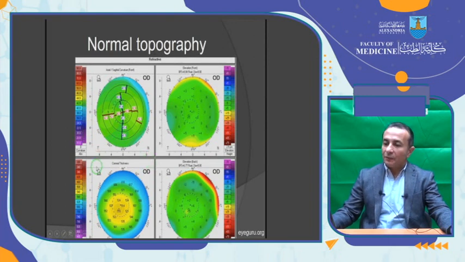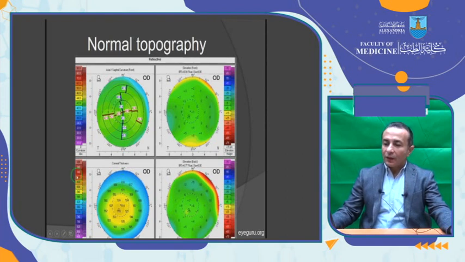This is also a pachymetric map representing the thickness of the cornea in all areas of the cornea. So this is the central area, it is about 510 microns. This is the peripheral area, it is about 500, the paracentral area about 570, and this is the peripheral area, which is about 600.